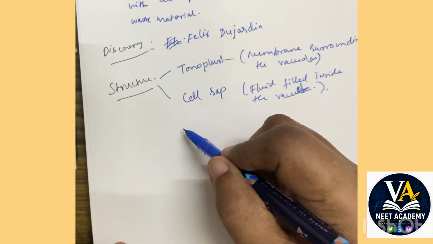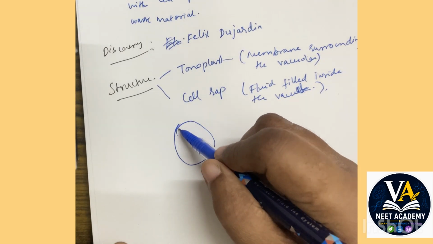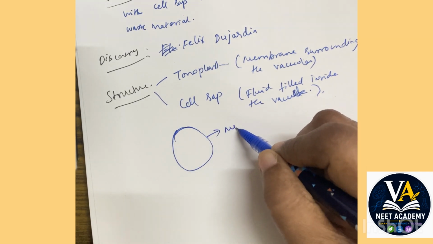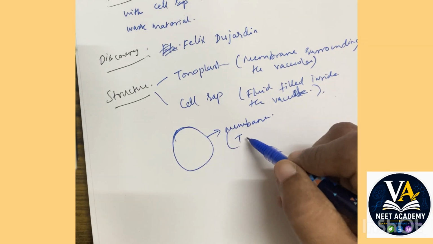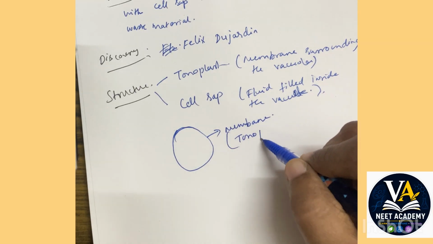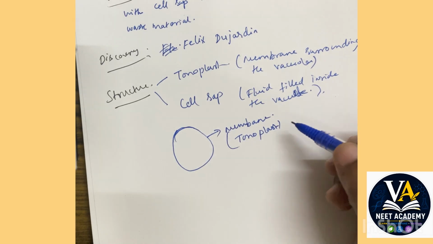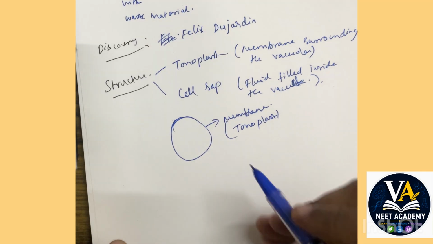When we draw the structure, it is just a simple vacuole which is a membrane bound structure. This is your membrane bound structure, and this membrane is called tonoplast.